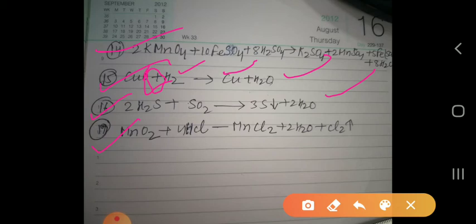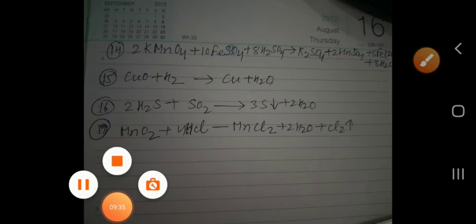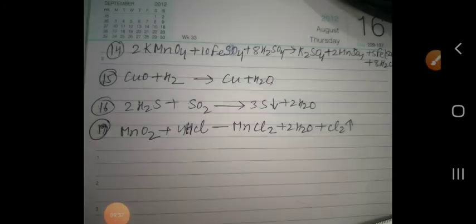So I hope you understood. Already I taught, still again I have explained in revision so that you can understand properly. And children, you have to learn the way how to write the equation, because if you write the full equation very nicely, but the way of writing is wrong, you will get 0.